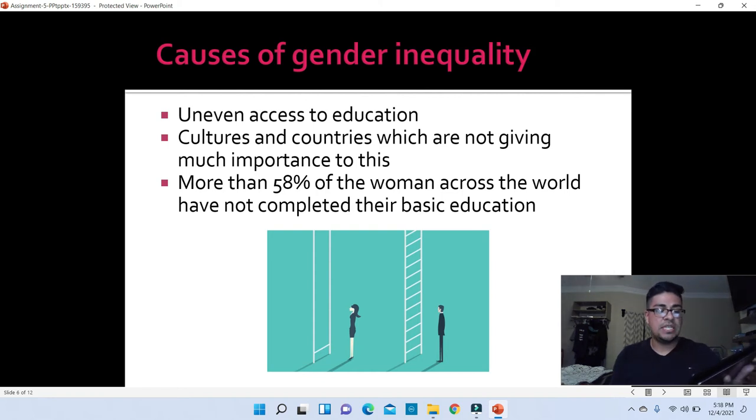That is why gender inequality is seen, because girls are not getting the proper opportunities to be educated at the same levels as boys. That has a huge effect on the future of girls, and on the different types of opportunities they are missing out on.